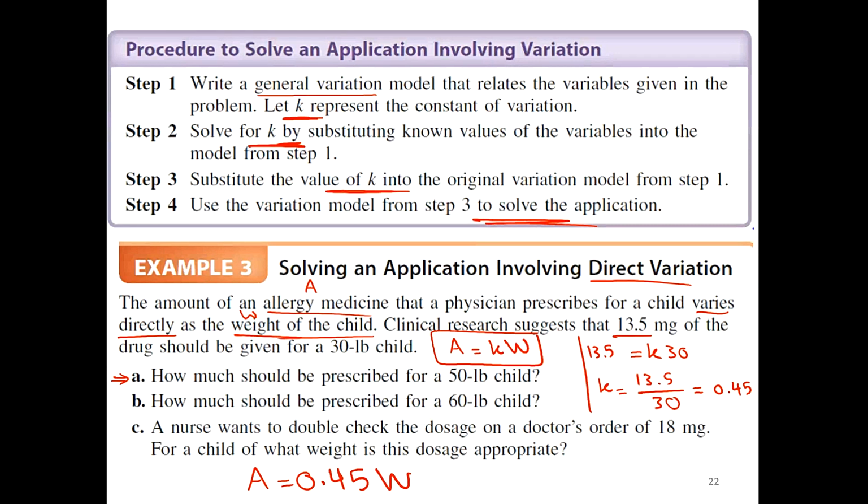How much should be prescribed for a child with weight 50? If we need to find the dose directly from the formula, A equals 0.45 multiplied by W. W equals 50.